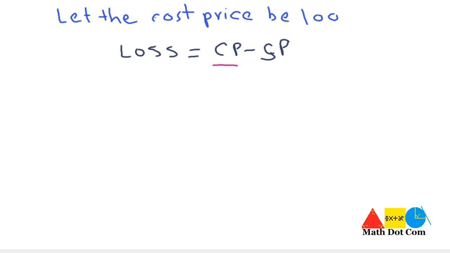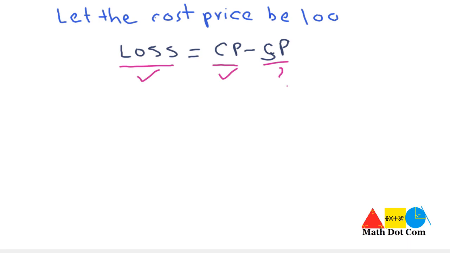Keep this in mind. We have a loss percent that was 20%, but we don't have a loss. But when we calculate the loss percent, if the cost price is 100, then 20% of 100 is 20, so the loss will be 20 here. So it means we have the value of loss, we do have the value of cost price, then we can find the value of a sale price.